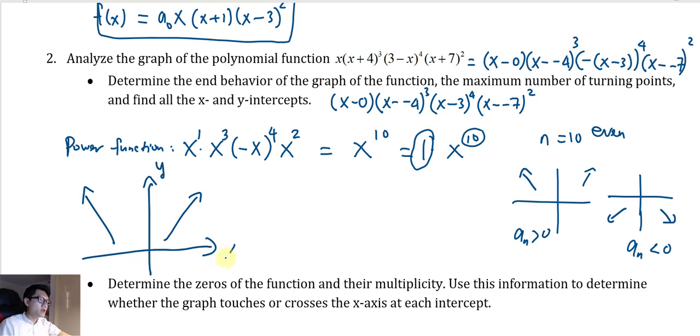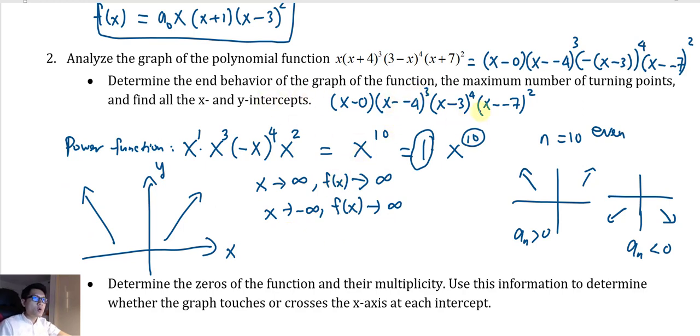This is y, this is x. As x is approaching infinity, the function f of x is approaching infinity, going up. Now, as x is approaching minus infinity the other way, the function f of x is also approaching infinity, going up. So this is the end behavior of the function.